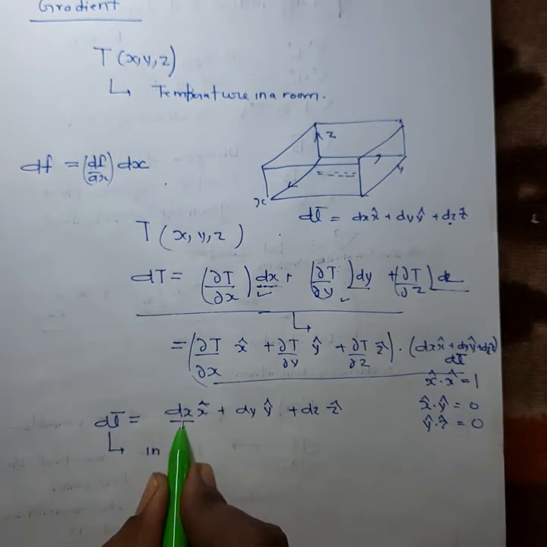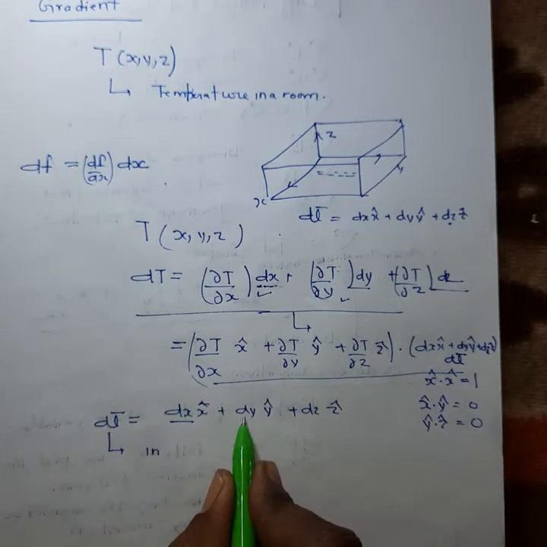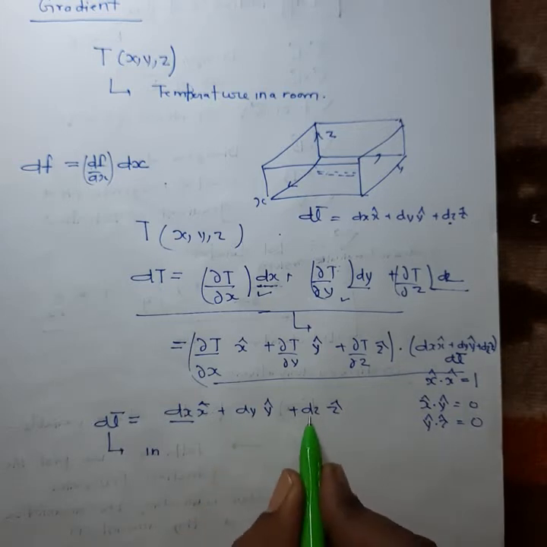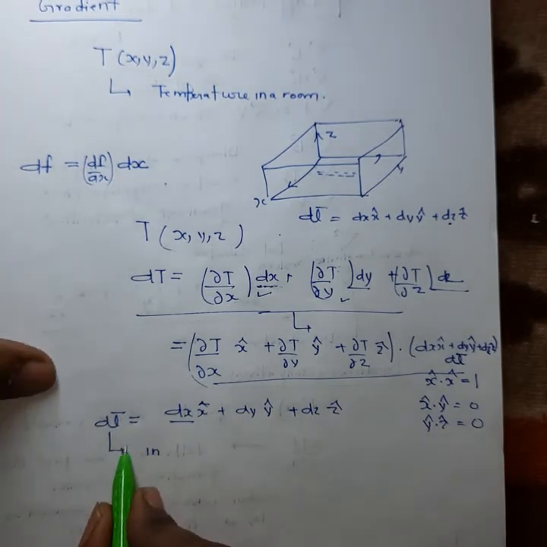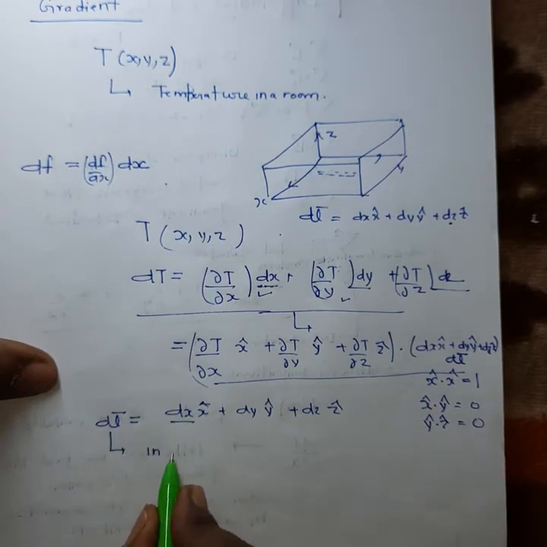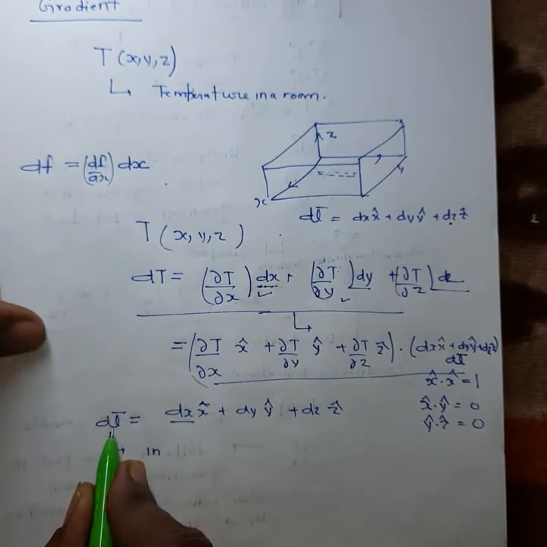This was the infinitesimal displacement along the x direction, this was the infinitesimal displacement along the y direction, and this was the infinitesimal displacement along the z direction. So in combined three dimensions, you can write it as the infinitesimal displacement vector.